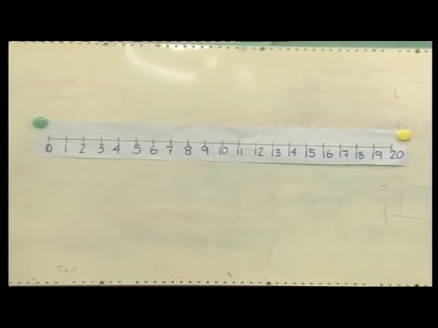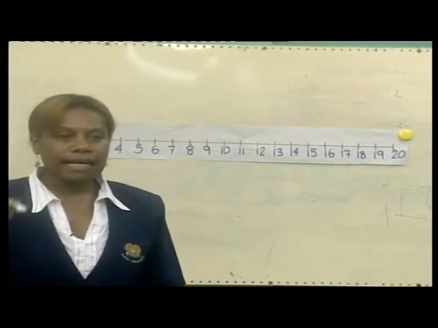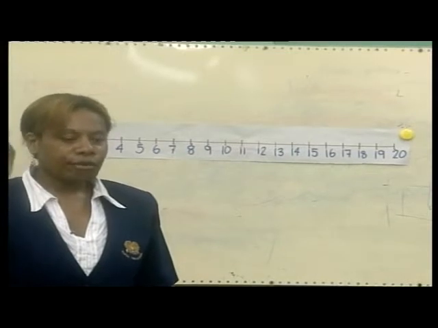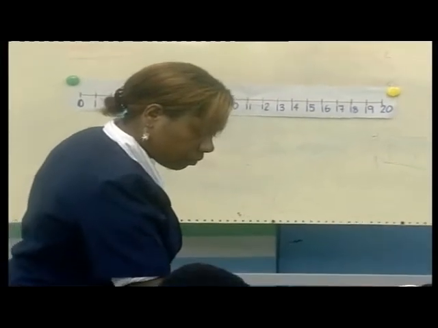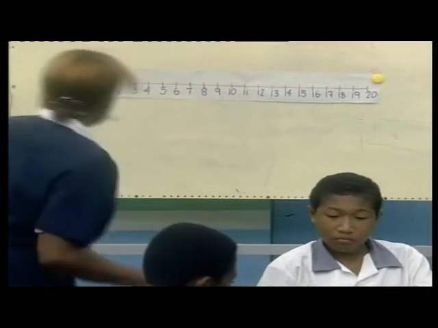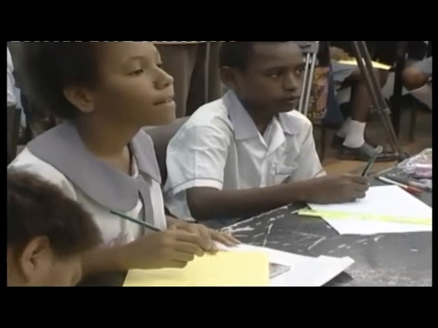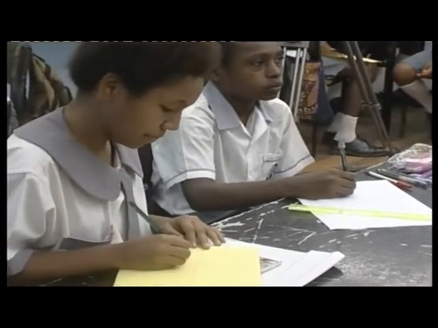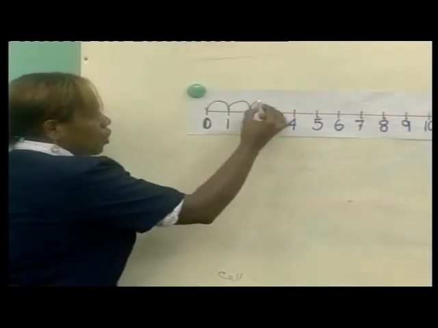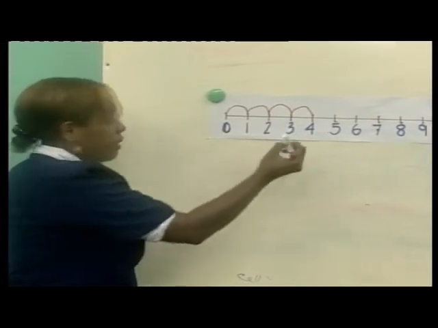When you stop at the number after 4 places, circle that number. Start from 0 and you count 1, 2, 3, 4. Now you circle that number.